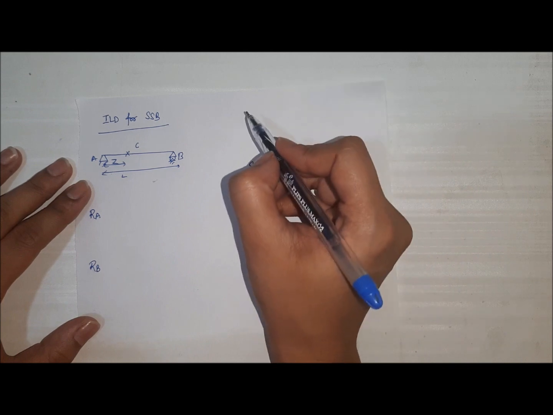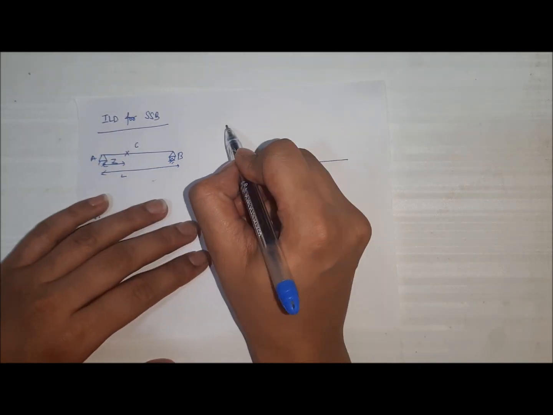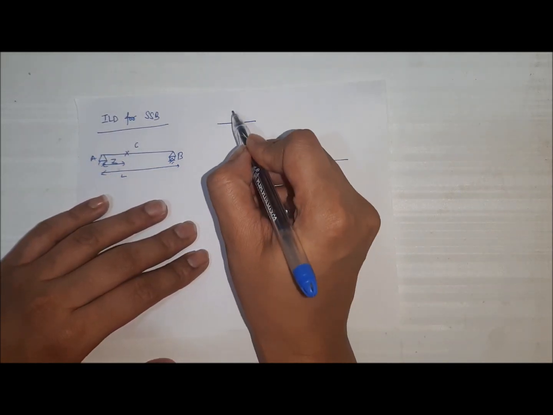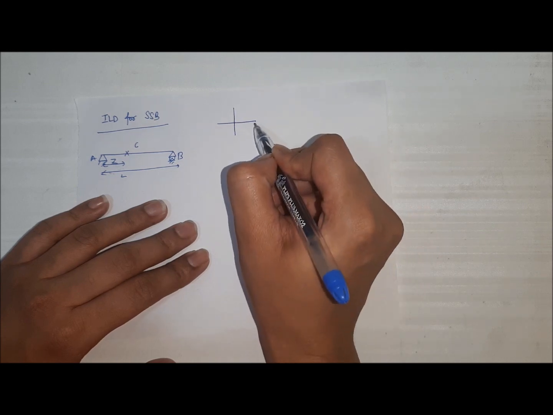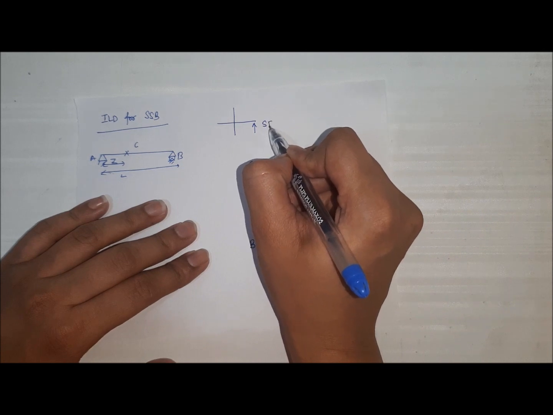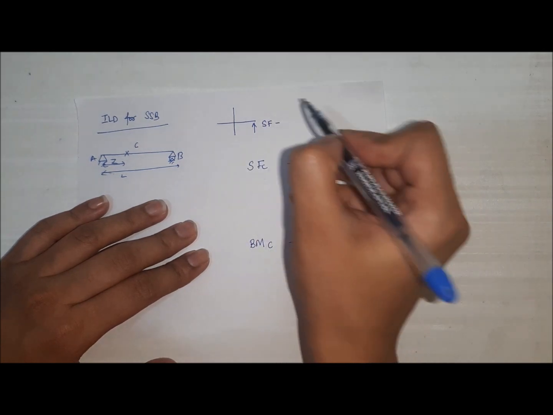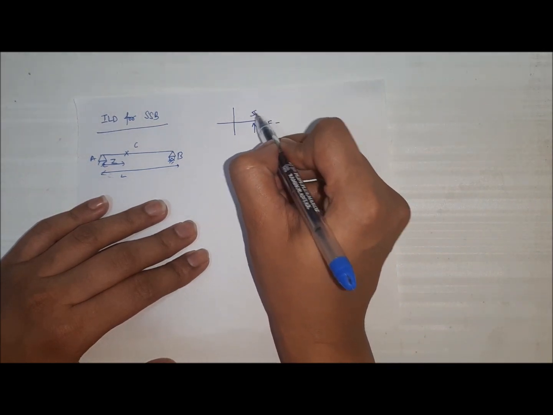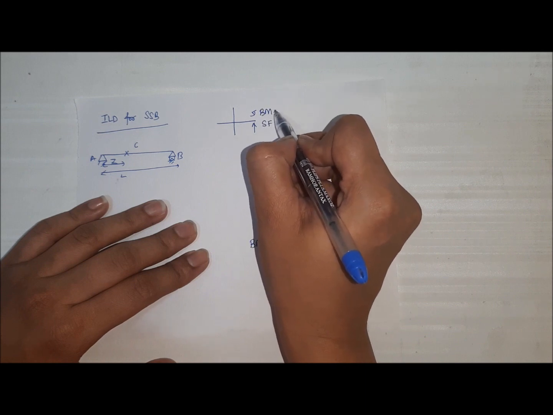First of all, we'll see the sign convention. This is the beam and this is the section. Whenever a load in the right portion acts upwards, we get a shear force which is negative, and we get a bending moment that is positive.